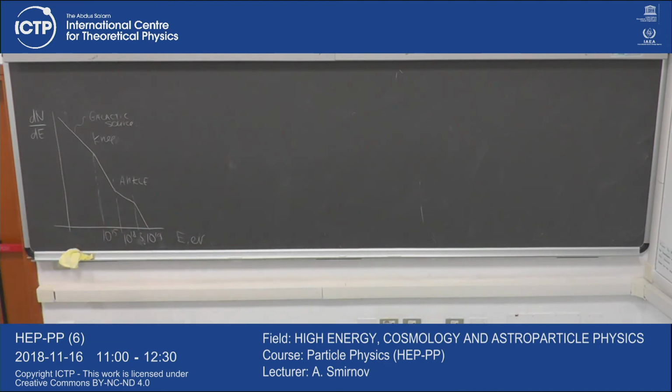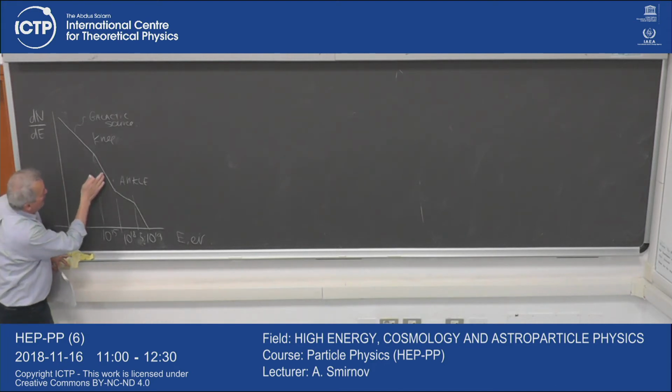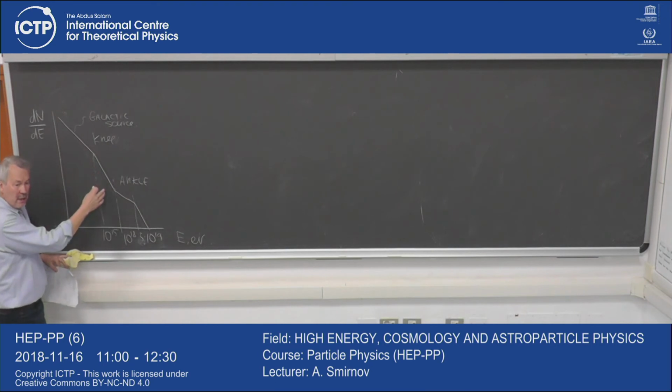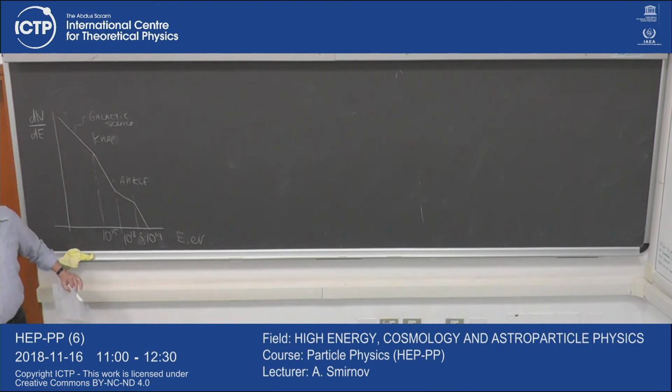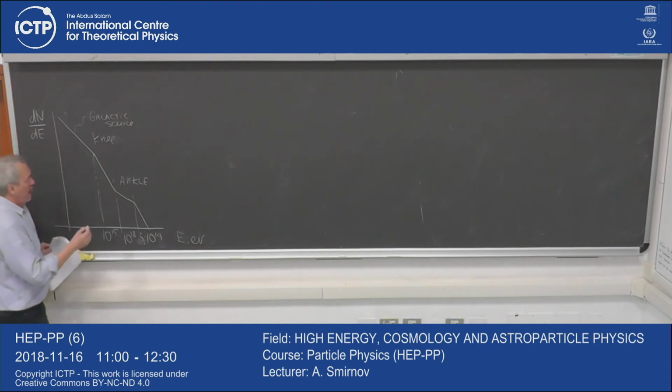For high enough energies, the radius becomes bigger than the size of the galaxy, and therefore those cosmic rays can go out. And this sharpening, which means the flux starts to decrease faster, is most probably related to the leakage of cosmic rays from our galaxy.